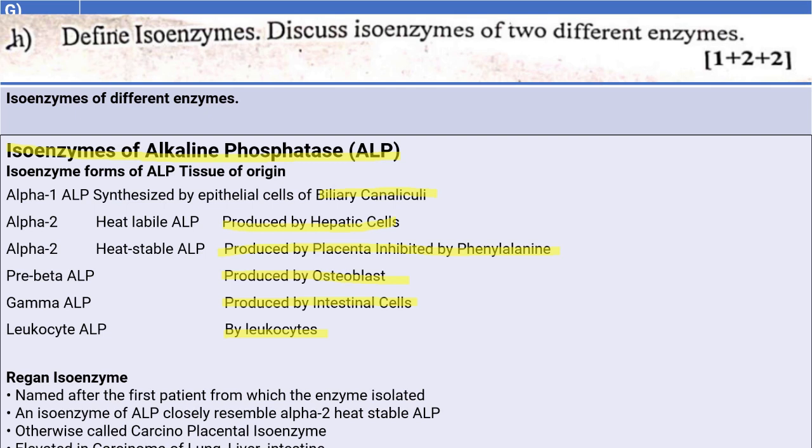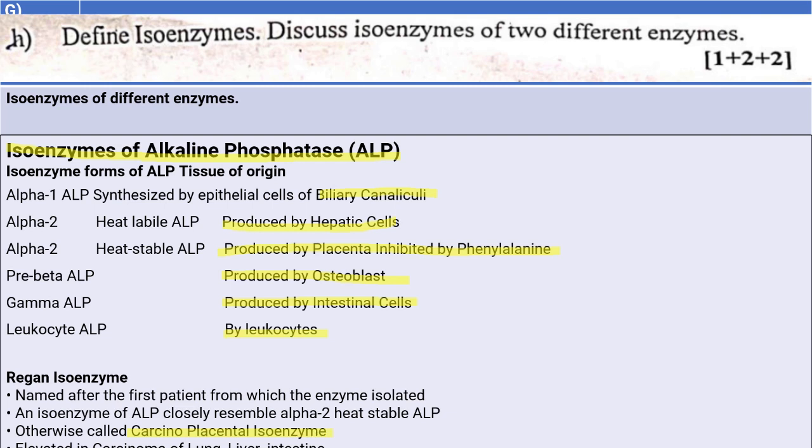Then we have the Regan isoenzyme, which is named after the patient from whom it was isolated. This isoenzyme of ALP closely resembles alpha 2 heat stable ALP and is otherwise called a carcinoplacental isoenzyme. What is another name for Regan isoenzyme?